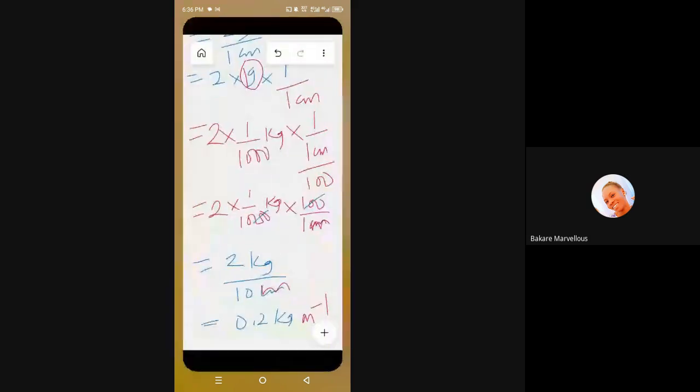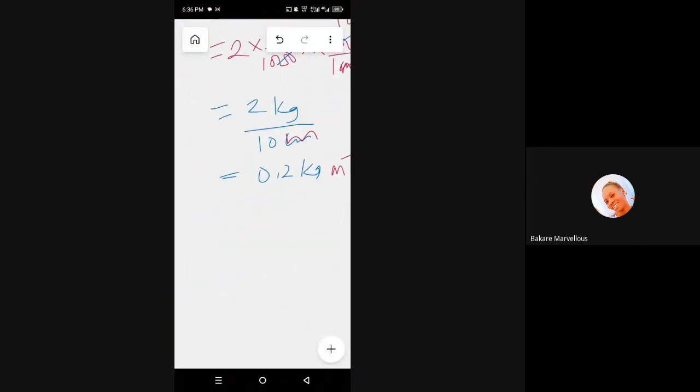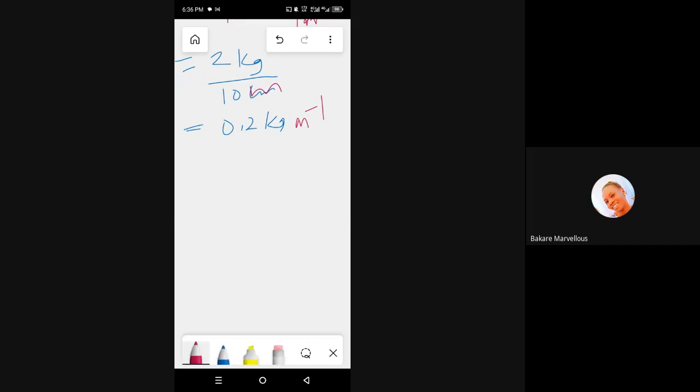Okay, so let me ask you, especially our sister that just joined: if you take a reading, let's say the reading is 120 milliampere, how do you convert that to ampere? How many ampere is that?